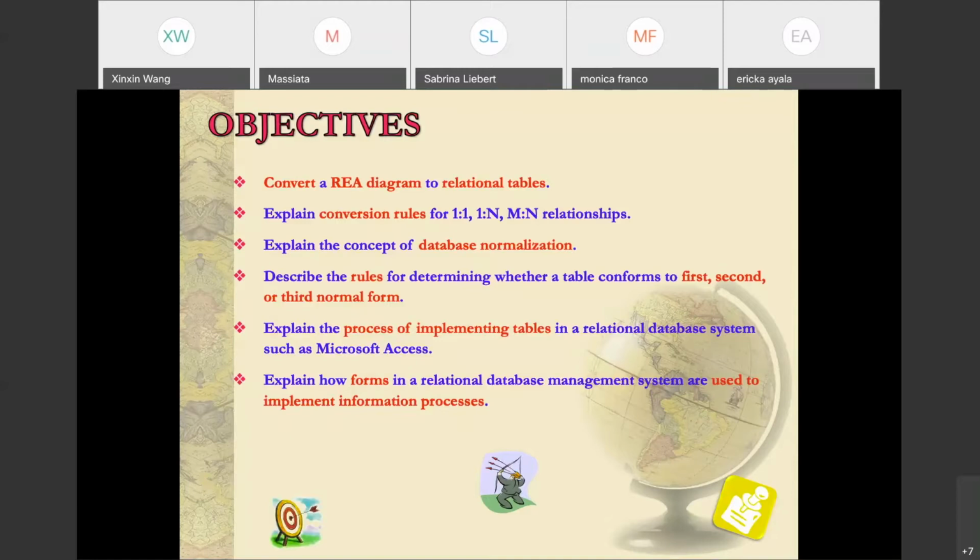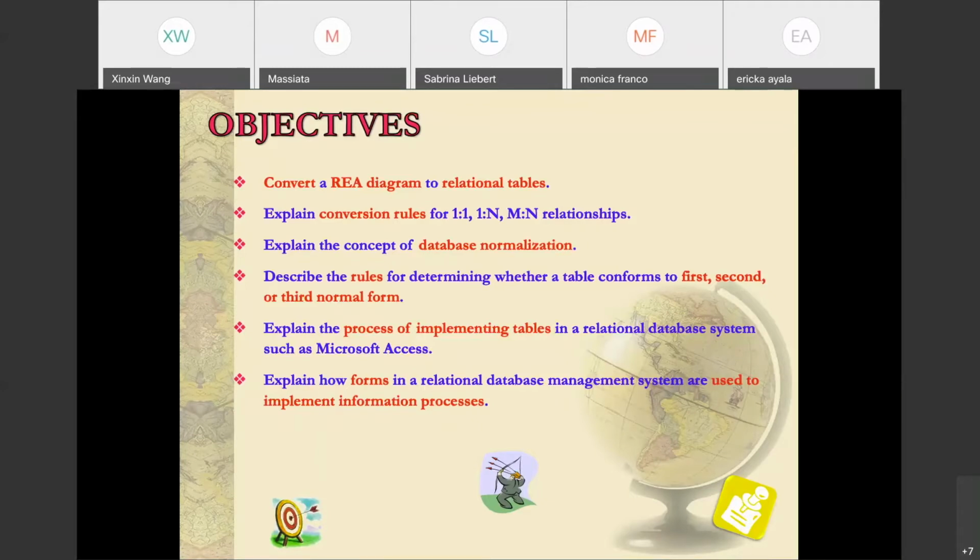And then we're gonna explain the concept of database normalization, and then we're gonna describe the first, second, or third normal form. And this one will be the additional high requirement for this class.